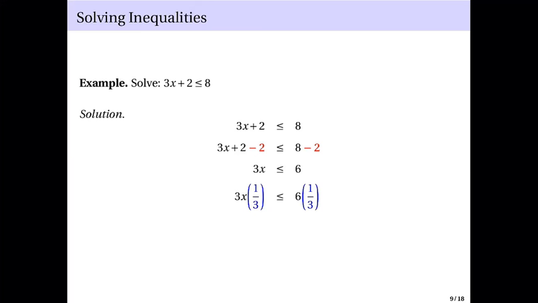And remember, if you multiply both the left-hand side and the right-hand side of the inequality by a positive number, the inequality symbol will be retained. So you will not change it. So you see, here we don't change the inequality. And then we simplify this, and we will obtain x less than or equal to 2.